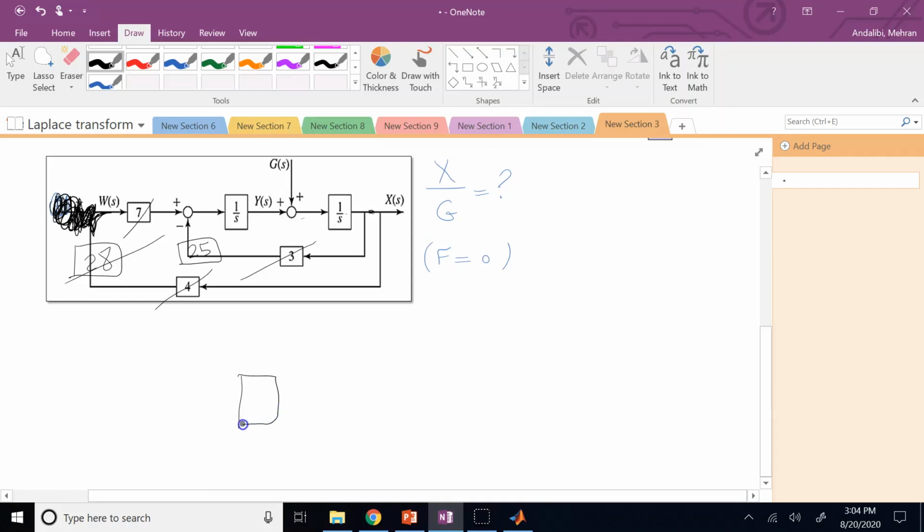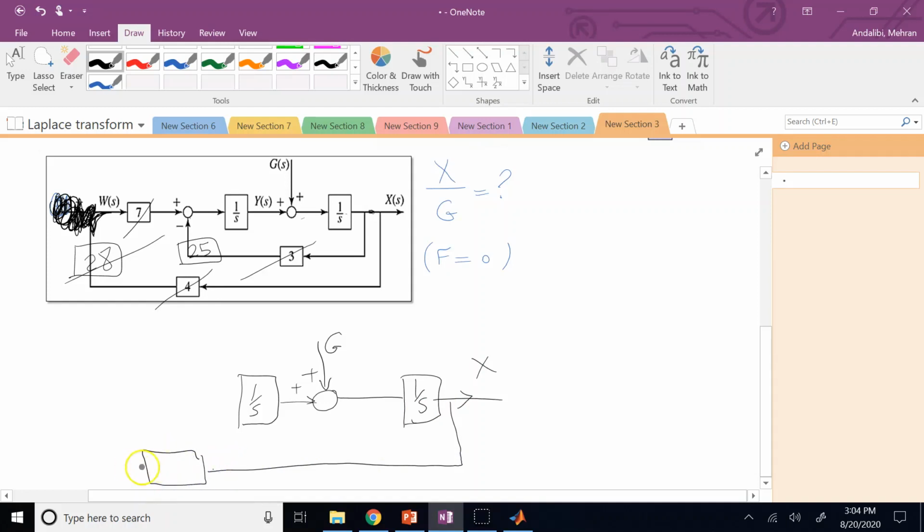That there is a 1 over s here, and then there is the summation point, and then there is this g, and it goes to the next integrator, goes to x, and x comes back to right behind the integrator with a feedback of 25, right?